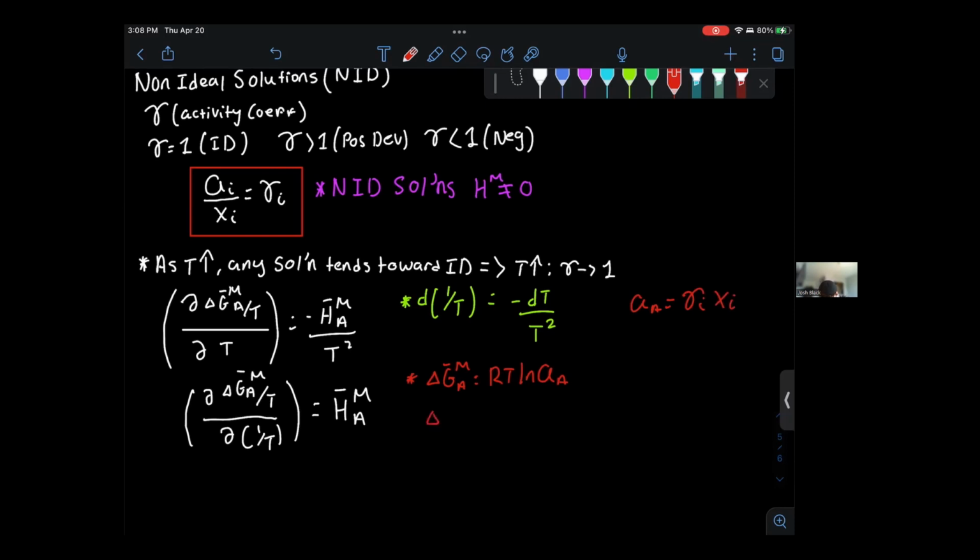In other words, our partial molar Gibbs free energy of A is equal to RT, ln of our activity coefficient plus ln of our mole fraction. If we divide our Gibbs free energy by T, we get this.